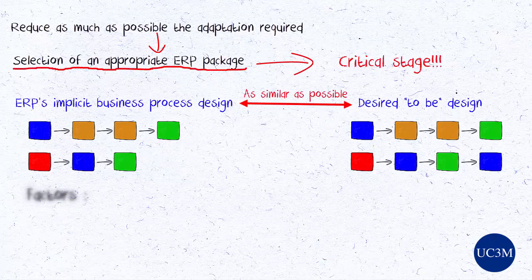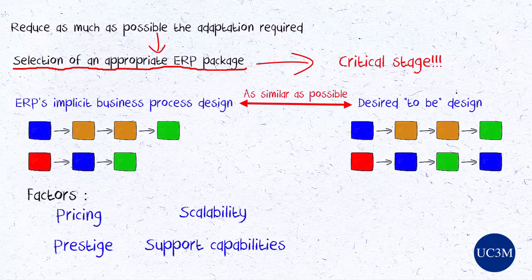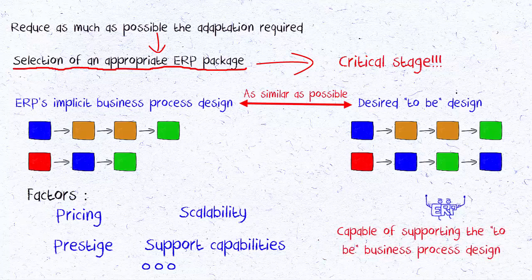A number of factors must be taken into account in this selection, including pricing, prestige, scalability, support capabilities, and so on. However, a key criterion must be that the ERP's functionality is capable of supporting the desired to-be business process design as much as possible.